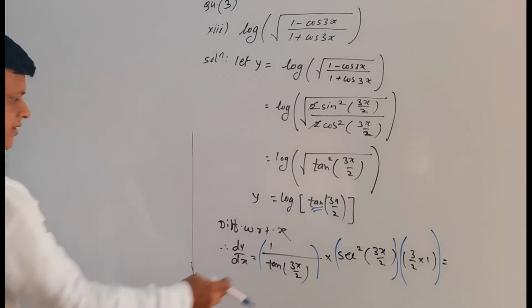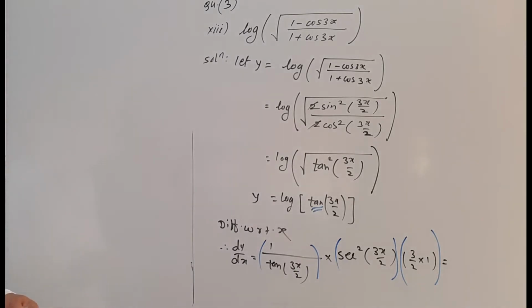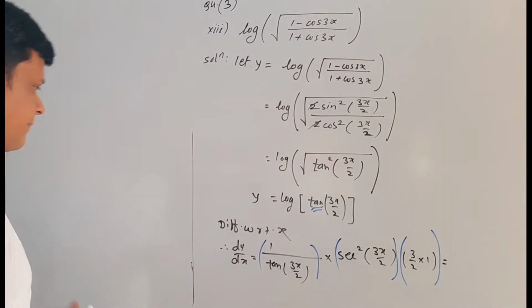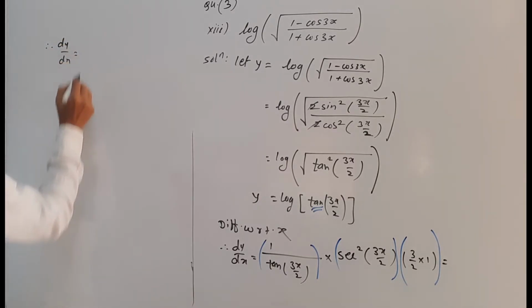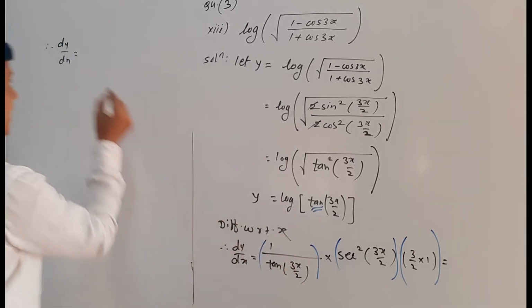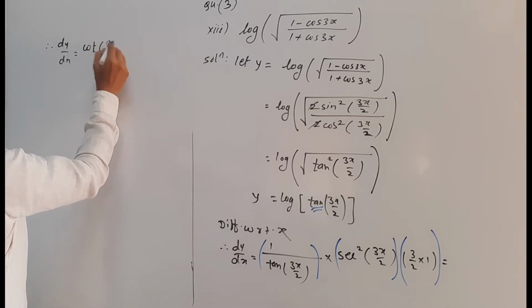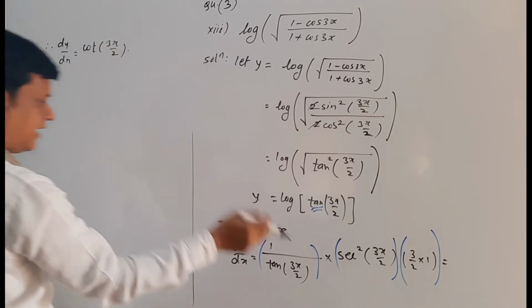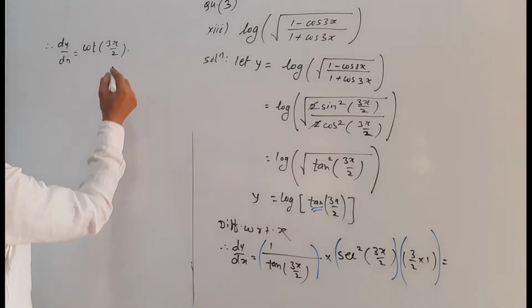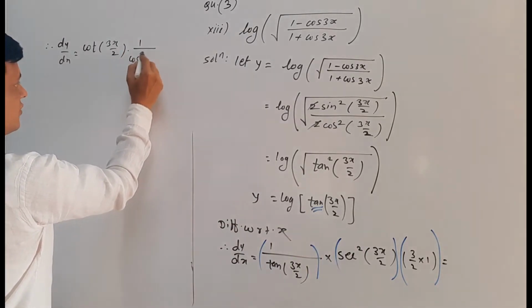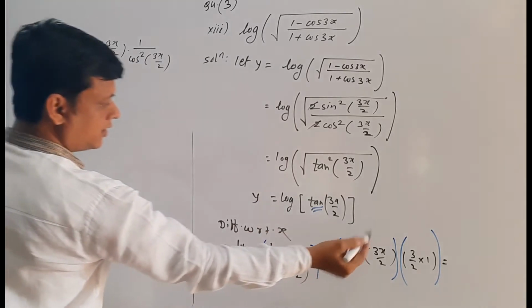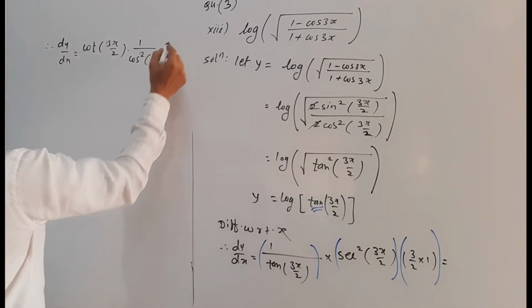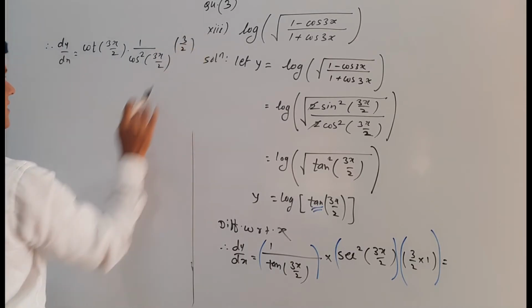Now we simplify this. So for simplifying this, we write here, therefore dy by dx is equal to, this 1 upon tan can be written as cot 3x by 2, and this sec square 3x by 2 we write 1 upon cos square 3x by 2, and this 3 by 2 we write in multiplication, so keep this step as it is.